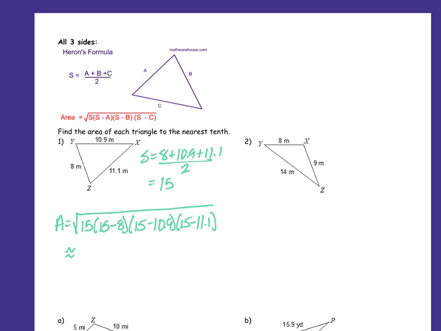So to the nearest tenth it rounds to 41 meters squared. Questions?